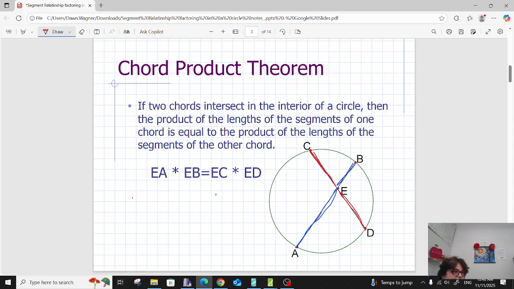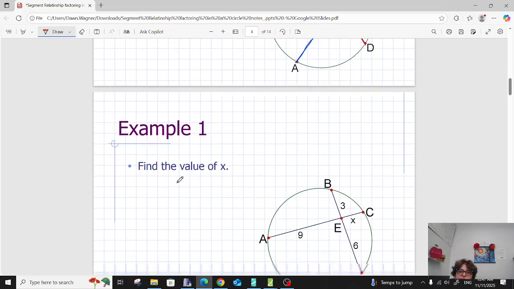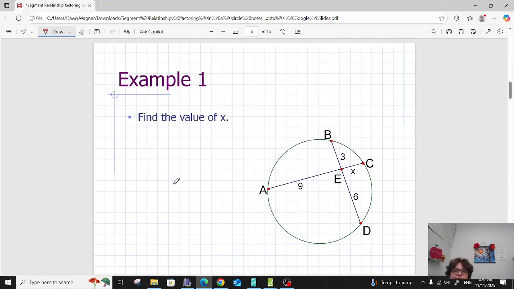If you need pencils to mark up your packet, I have some colored pencils in this bucket here. So let's do an example. So this is 9 for this part. That's AE.